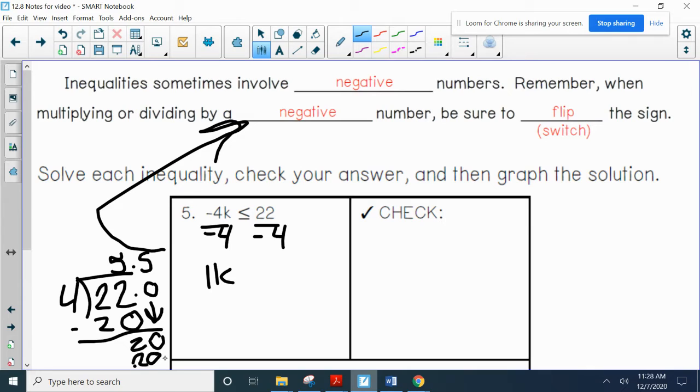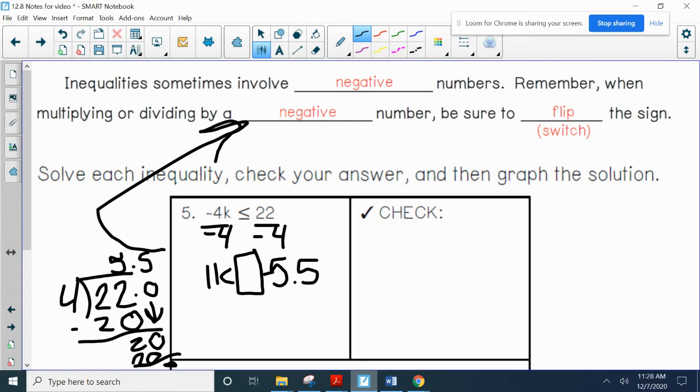And 20 minus 20 is 0, so we're done. So I know 1k, and our answer is 5.5. And I intentionally have not put my inequality symbol yet. And we know a positive divided by a negative is a negative 5.5.